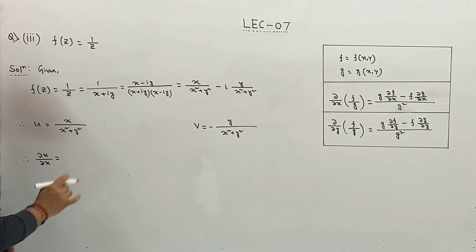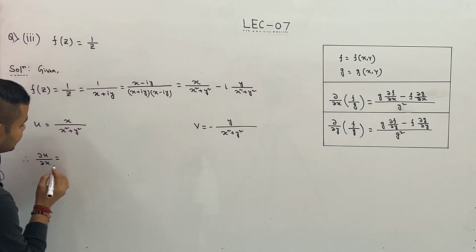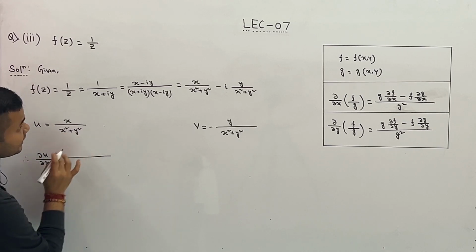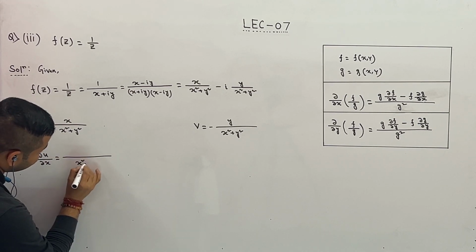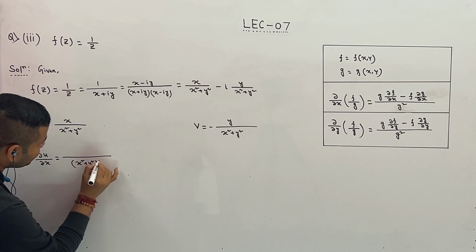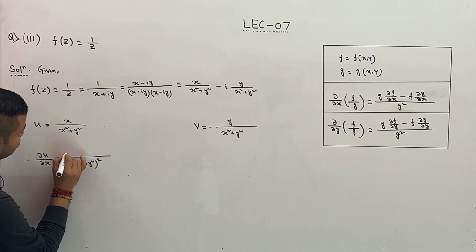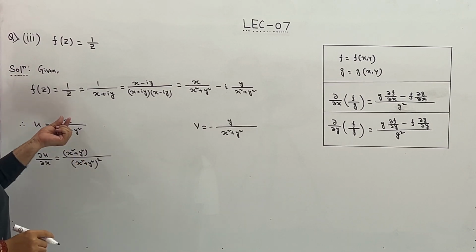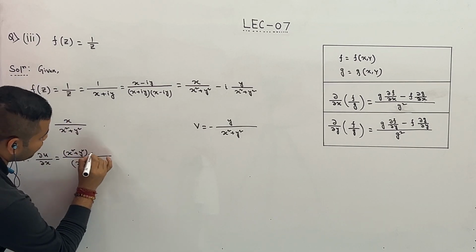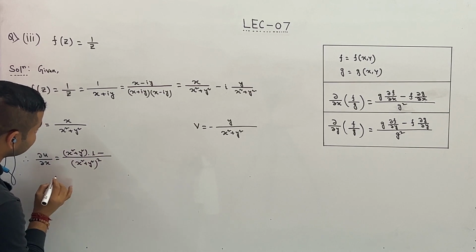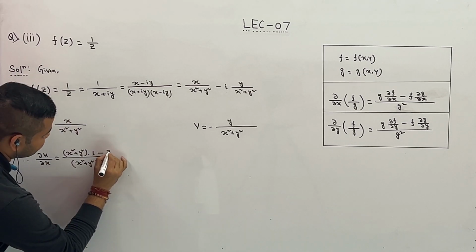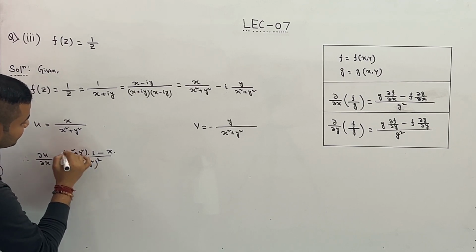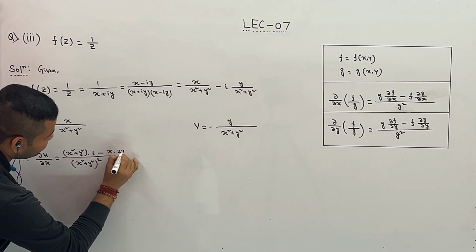So, after applying this formula we can write x square plus y square whole square. So, x square plus y square, del x of x value is 1 minus x into del x of x square plus y square. After simplifying we will get twice x.